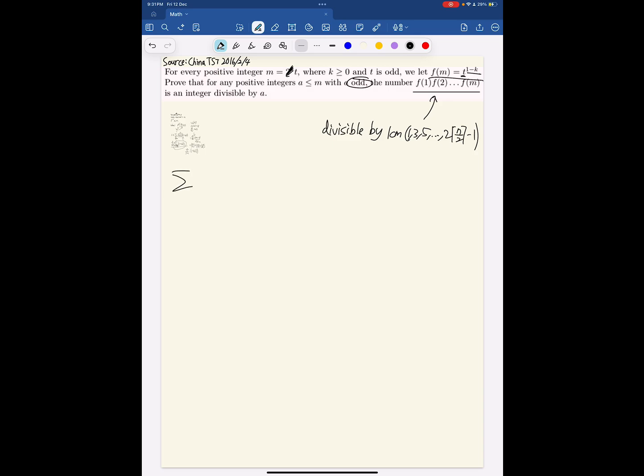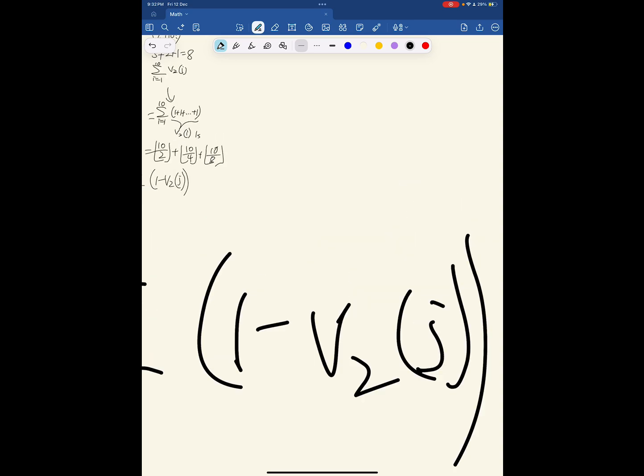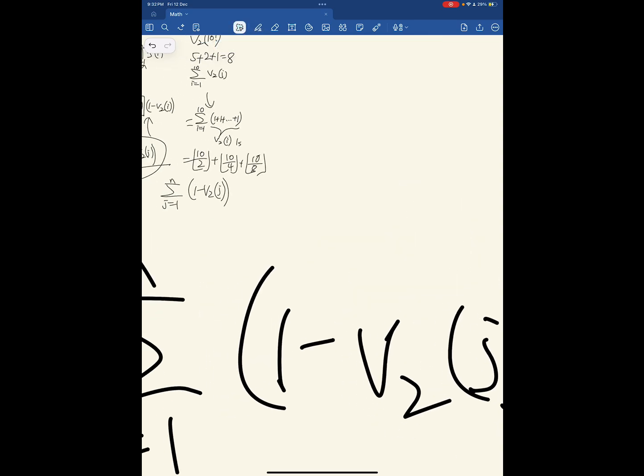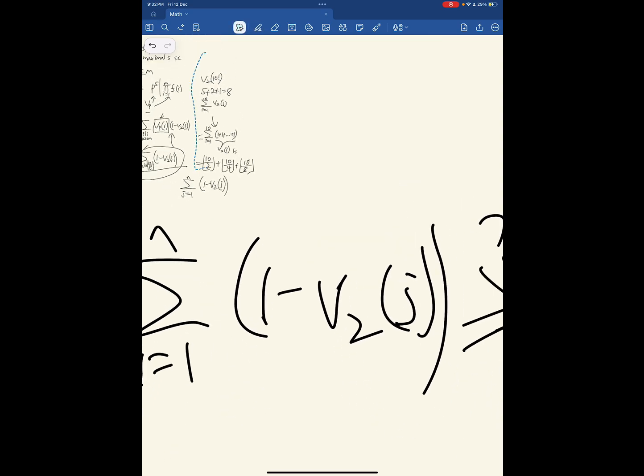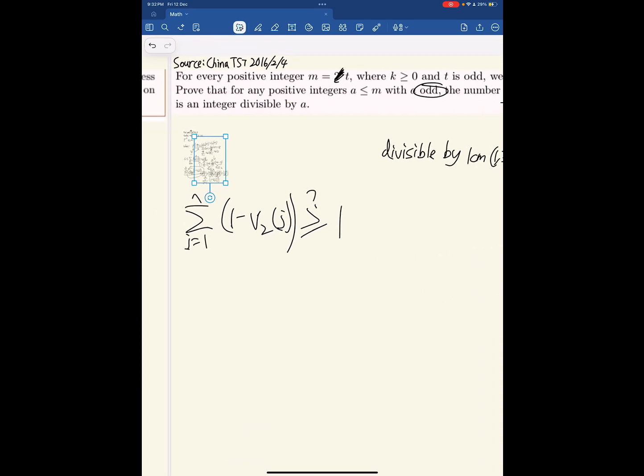Now, what we're trying to prove is that the sum from j equals 1 to n of 1 minus v2 of j is larger than or equal to 1. How do we prove this? Well, you can see from the sequence that the equality is only at 2 to the I. Hey, if we bring out this thing over here, somehow this calculation has quite a bit of relation to this problem.